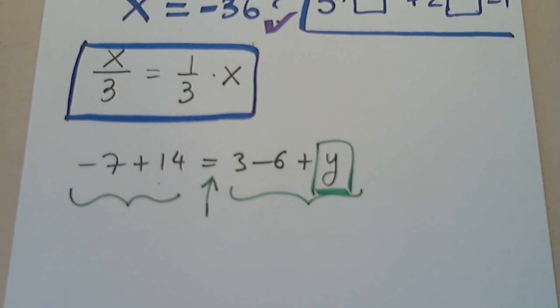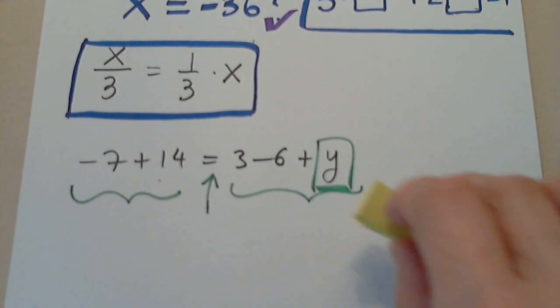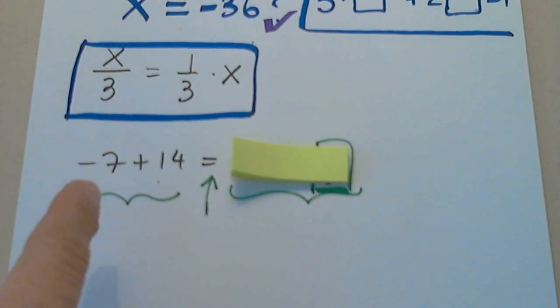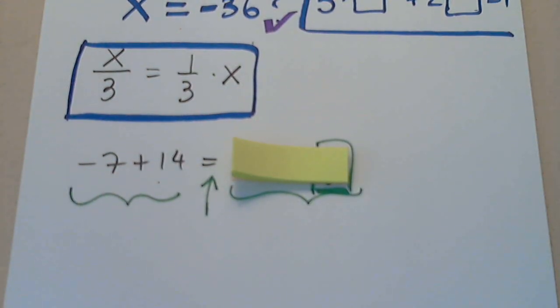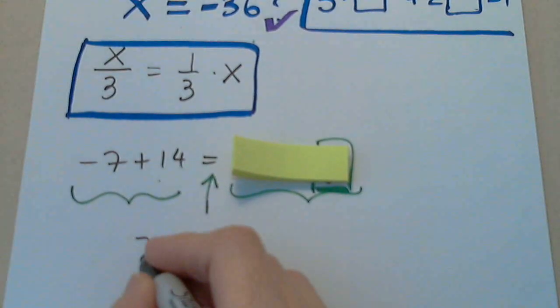How do I do that? Well, first of all, I have to combine my terms and fully simplify both sides before I do anything. I won't even look at the right-hand side before I simplify the left-hand side. Can anyone tell us what we get? Seven, perfect.